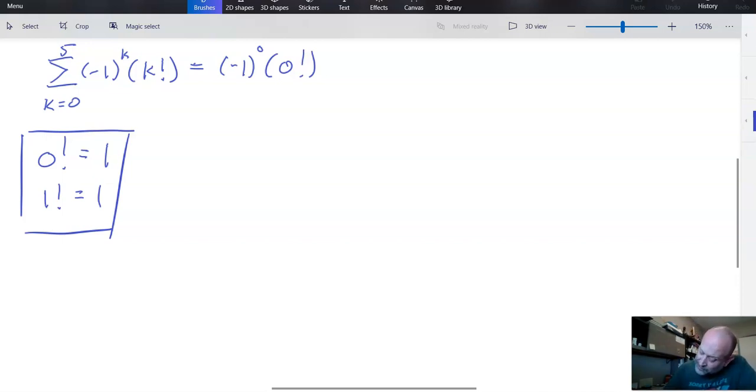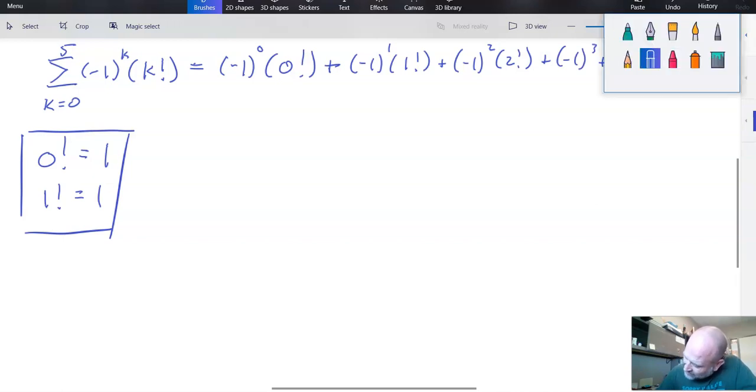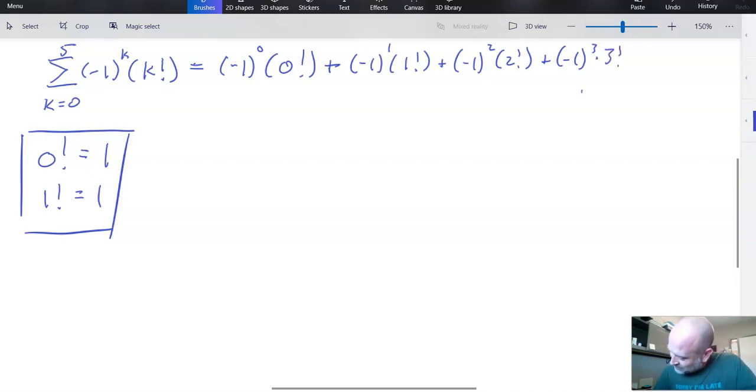All right, so that's my first term. And then I need my second term, which means it's (-1) to the first power times 1 factorial, plus (-1) to the second power times 2 factorial, plus (-1) to the third power times 3 factorial.